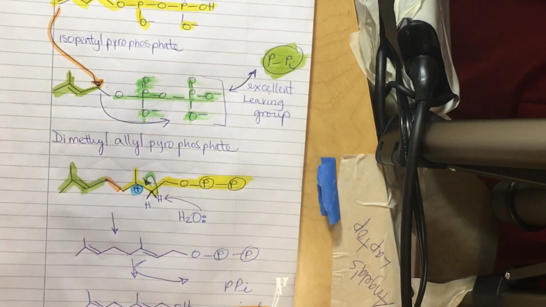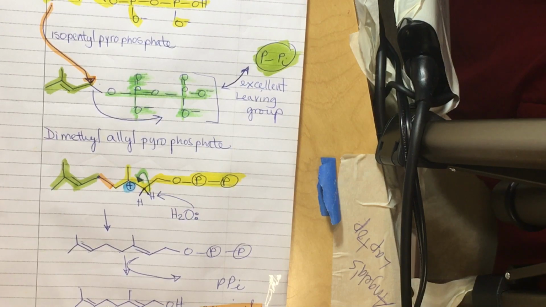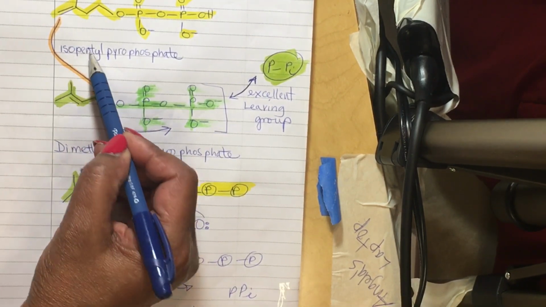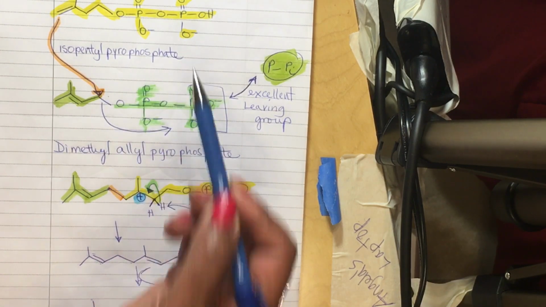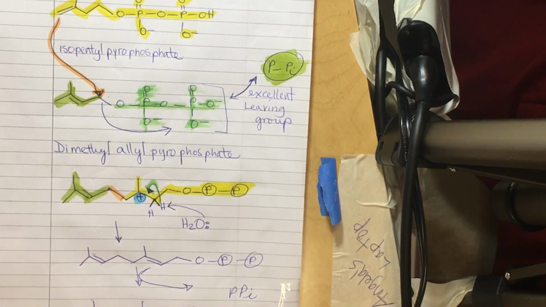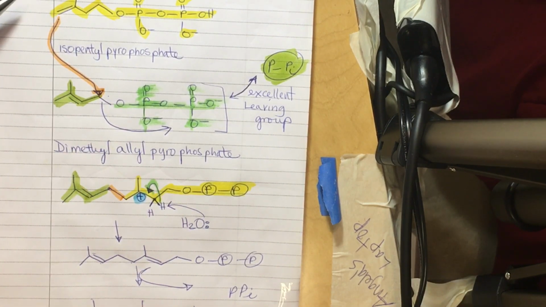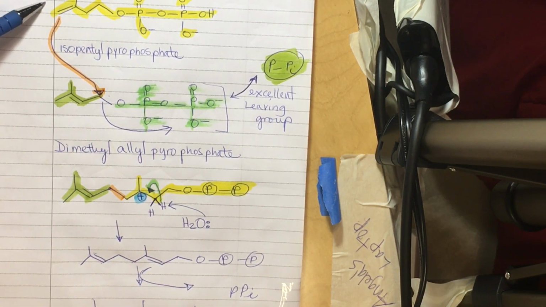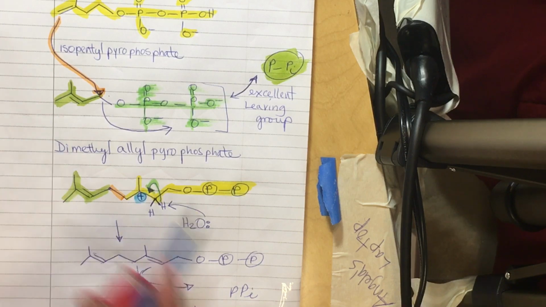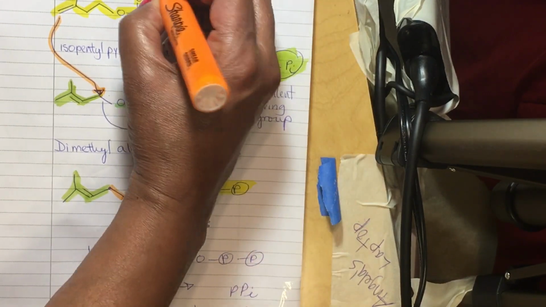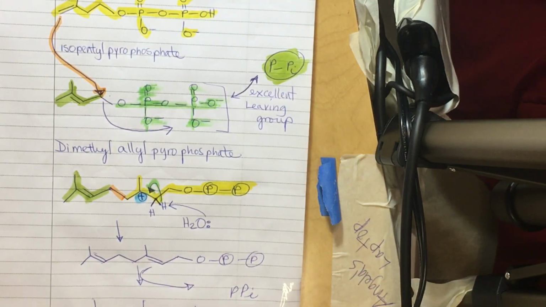The first thing is you have isopentyl pyrophosphate, that I call isoprene pyrophosphate. This one will have a chemical reaction of an SN2 mechanism. It will actually be an alkylation.